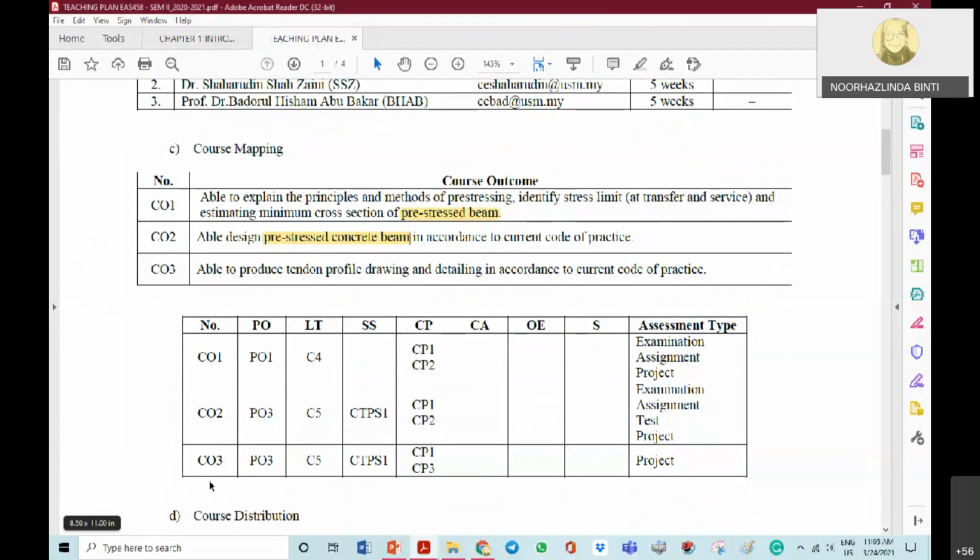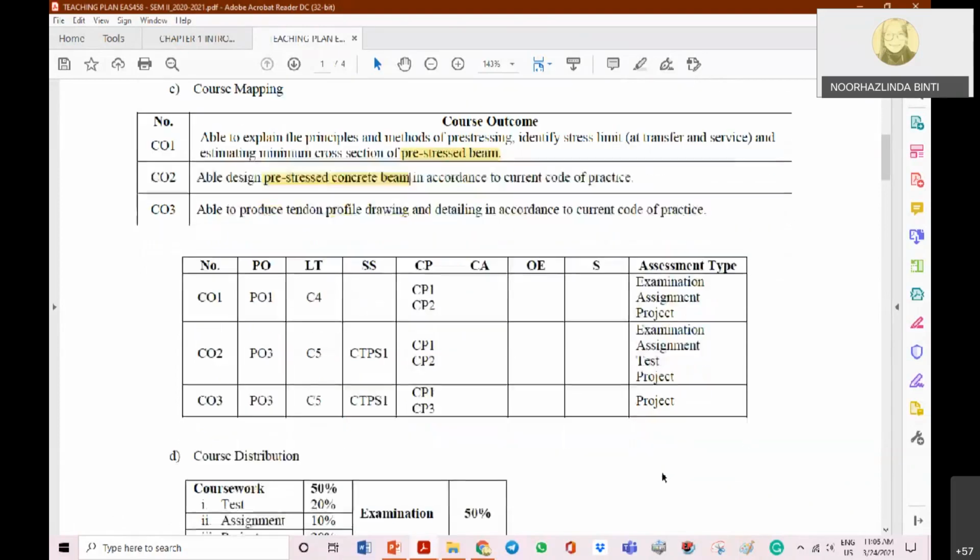And the last one, CO3, is more towards the detailing, where you produce a tendon profile. So for this particular CO3, the assessment is only in project. There is no assignment, there is no test for CO3, and also not in the exam, because it will take time if we ask you to produce a tendon profile in the final exam. So better we assess you in the project.